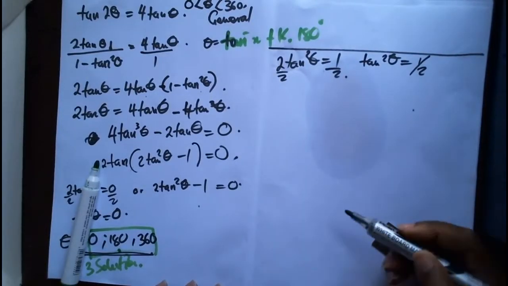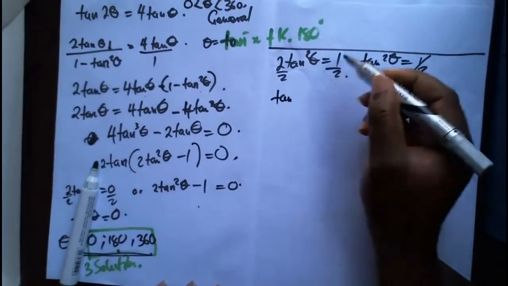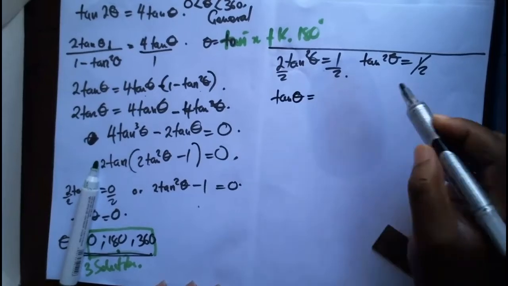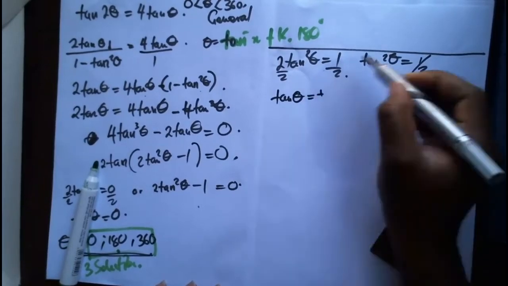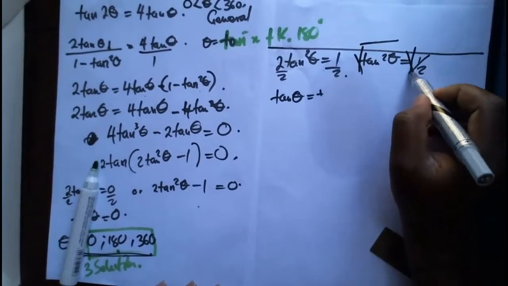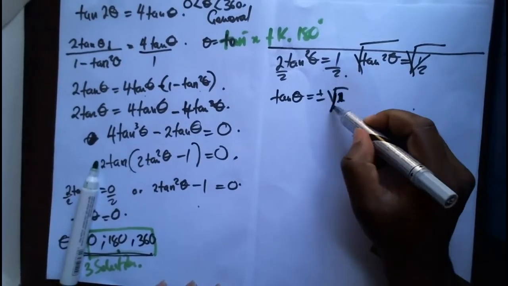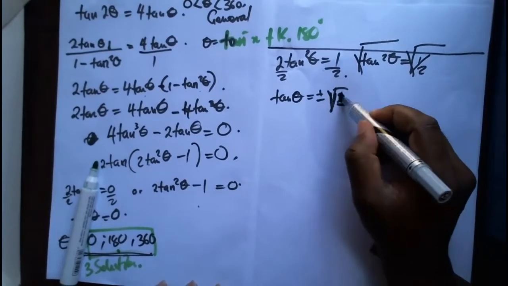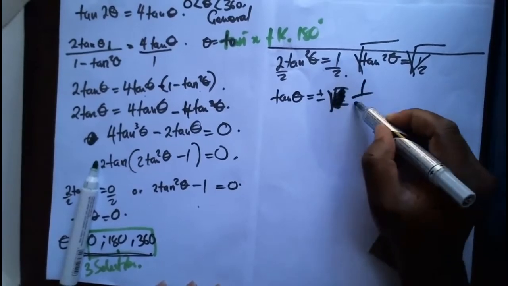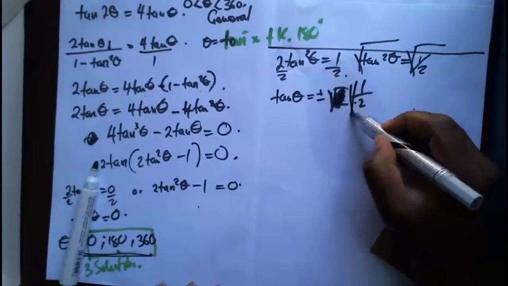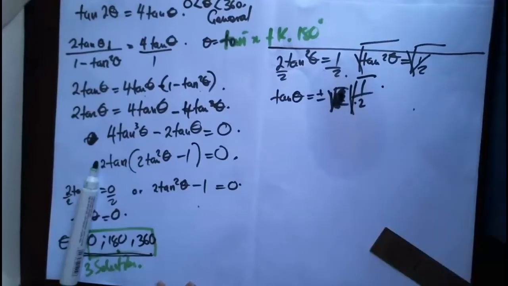Therefore tan theta is equal to plus or minus the square root of 1 over 2, because I squared both sides.